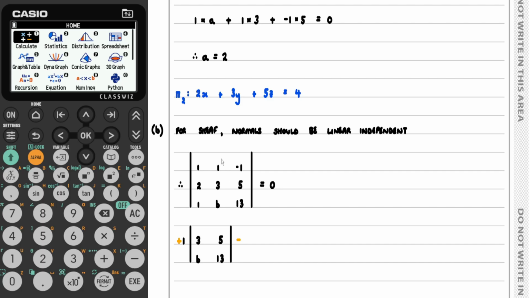Then we have minus this 1, and then we cover up this row and this column, so we will be left with the determinant of 2, 5, 1, 13, and then we have plus negative 1. We cover up this row and this column, and we will be left with the determinant of 2, 3, 1, b, and this is equal to 0.